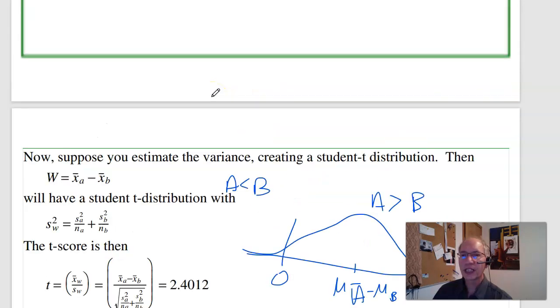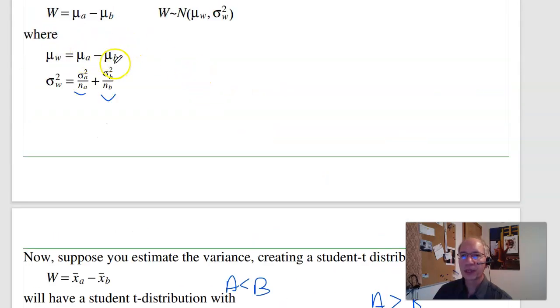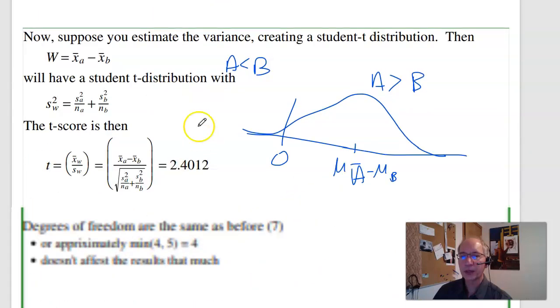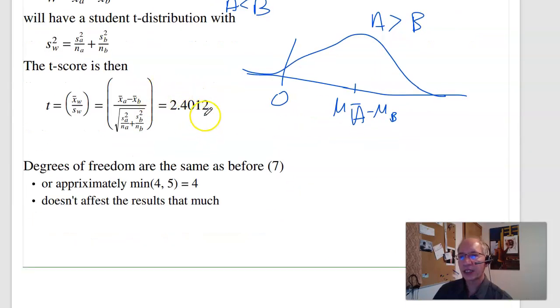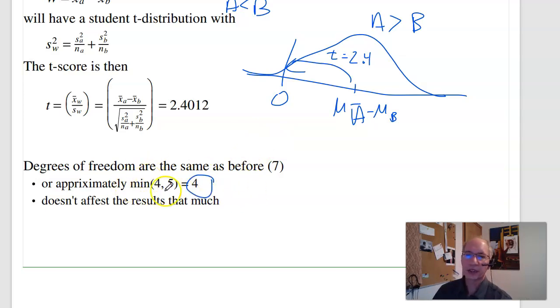So again, I take the same score I had before, mu sub W. Now I divide by this number, and I get 2.4. So that distance, my t-score, is 2.4. I now go to StatTrek and find out what the t-score of 2.4 means with 4 degrees of freedom if you're using the approximate approach, 7 if you want to split hairs and do it the hard way.